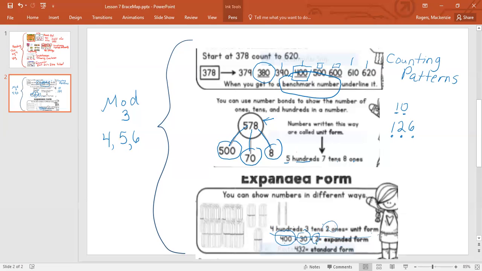That's expanded form. Now it equals 432, and we call that standard form. That's the way you usually see your numbers, where you just write the digit to stand in for each place value. So those are the 3 things you're going to be concentrating on in math.